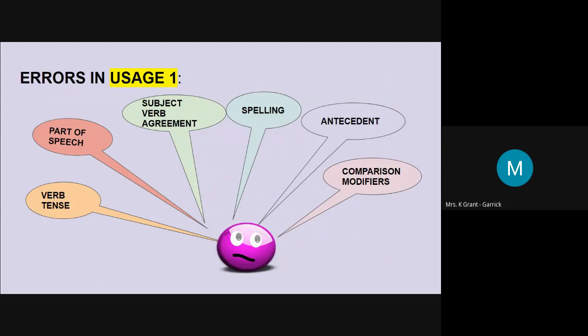And usage one will be pretty much like what we just did a while ago, where we have the ABC information there, but the focus really is on you looking at the item to see if the issue is a verb tense, a part of speech, a subject-verb agreement, an issue with spelling, an issue with antecedent, that is where you have the misuse of the pronouns, or it's something to do with comparison modifiers. All right, so that's what you have to do there.